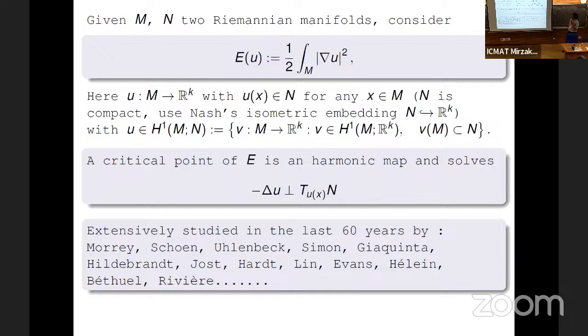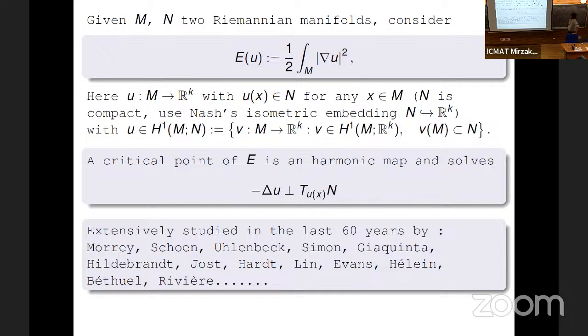It consists of maps with H^1 regularity, which take values in R^k, and you have the constraint. So this is, I mean, classical.